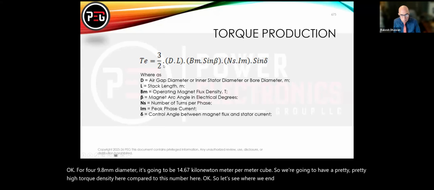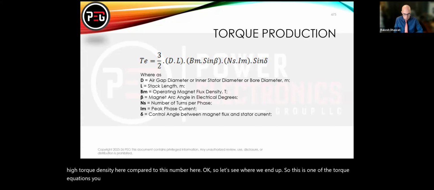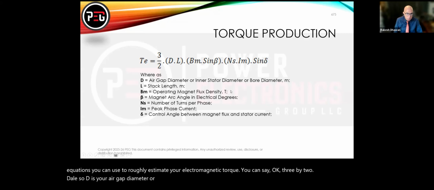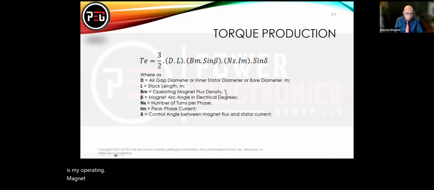So this is one of the torque equations you can use to roughly estimate your electromagnetic torque. You can say, okay, 3/2 D L B. D is your air gap diameter, inner stator diameter, or bore diameter. L is your stack length. Then B is my operating magnet flux density in Tesla.